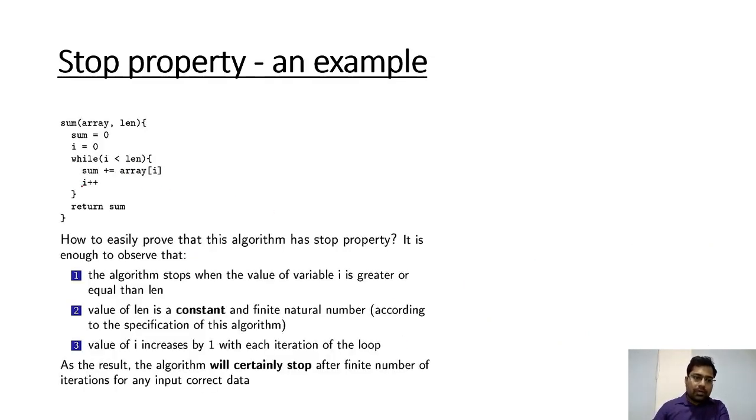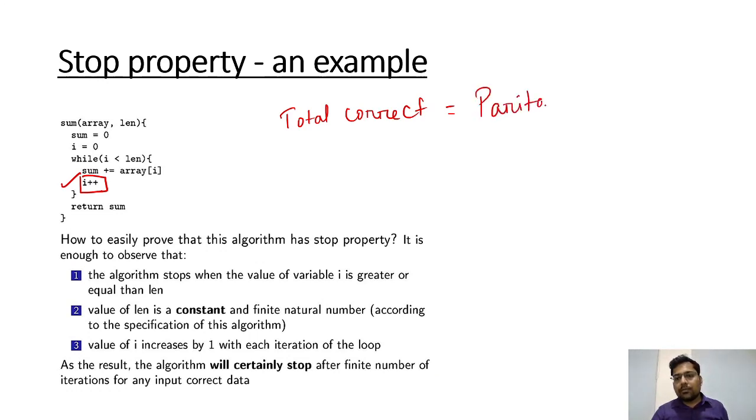So to stop it, we have to use this operator which we discussed now. Total correct is equal to the mathematical model: partially correct plus stopping property, which has to be followed.